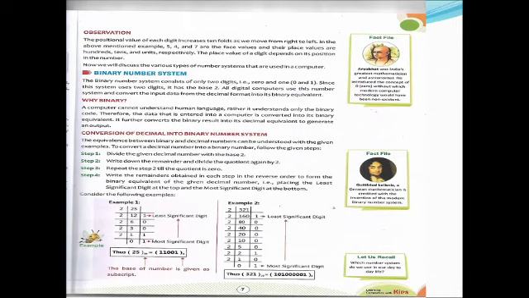We write 1, then 12 divided by 2 is 6, remainder 0. We write 0, then 6 divided by 2 is 3, remainder 0.